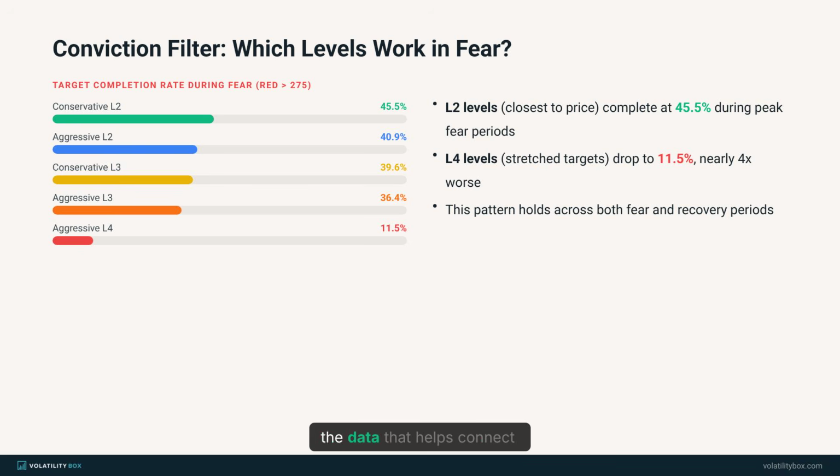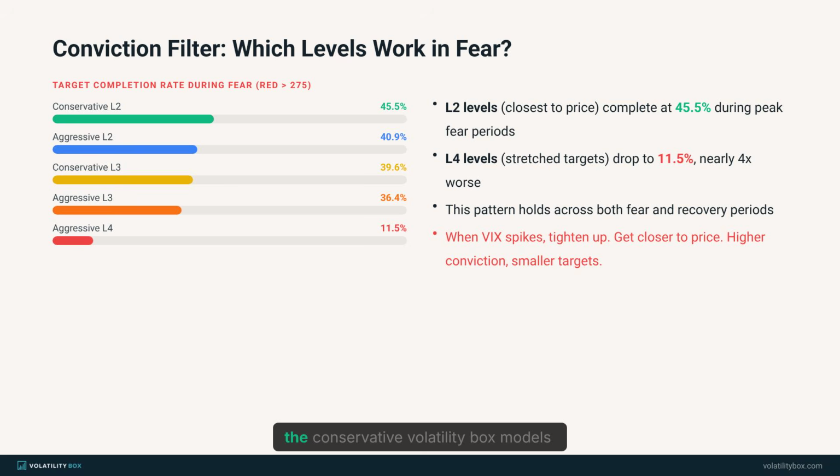Now here's the data that helps connect this to the volatility box models. During that fear period from March 20th through April 7th, when the number of stocks inside of that red market pulse was above 275, the conservative volatility box models had a significantly higher completion rate than even the L4 level. So essentially, taking the entry whenever price fell into our conservative volatility box models, instead of trying to get greedy and wait for the edge of the clouds, was a much better idea.